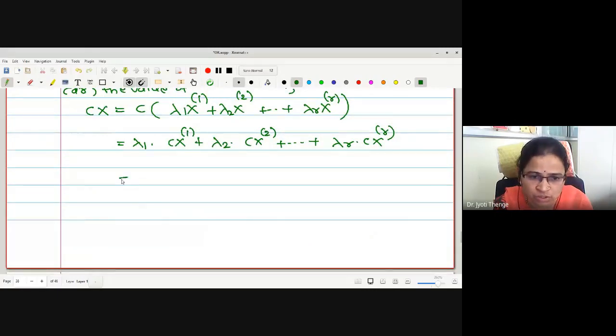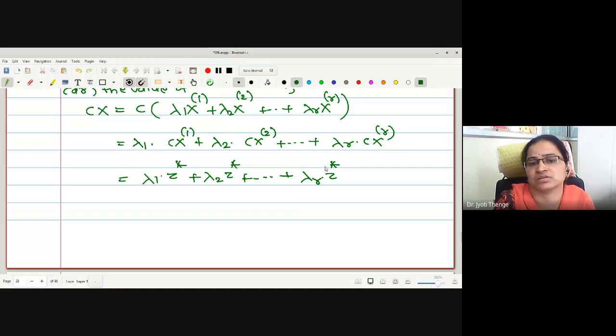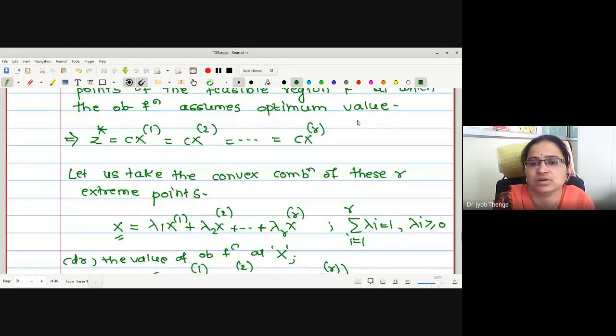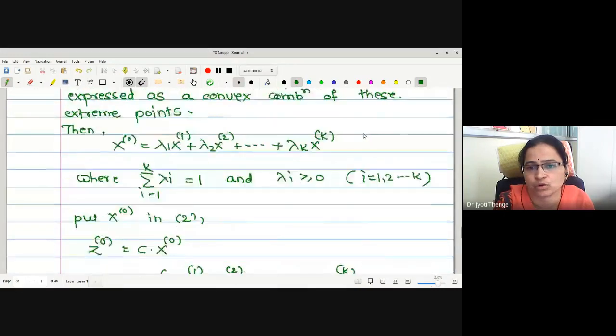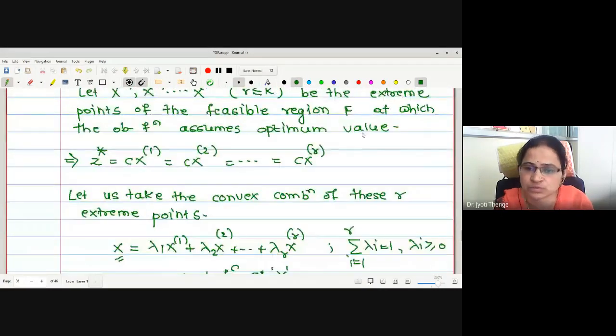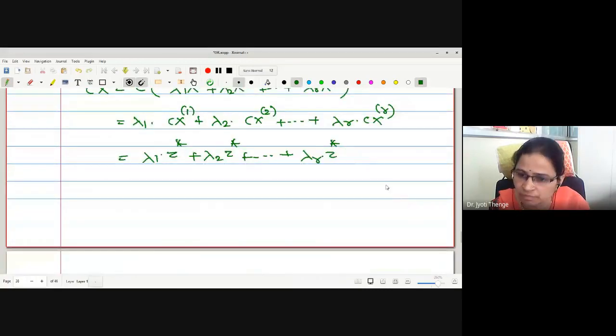Therefore, let me put z star, lambda 1 z star, lambda 2 z star, so on, lambda r z star. Someone give the number. What is the last number you have given? 2. Let me call this 3. And here the reason will be from 3.